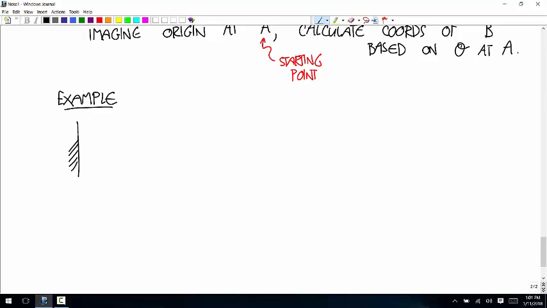So let's say that's a wall and we have a cantilever beam at an angle, where this angle is 30 degrees. The length of this beam is 0.5 meters.